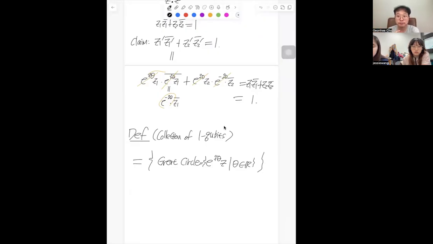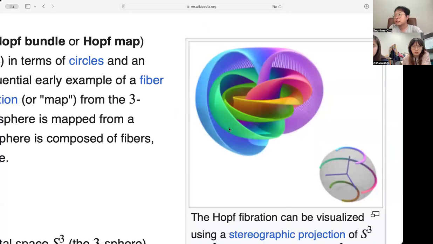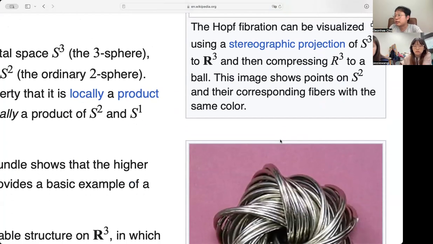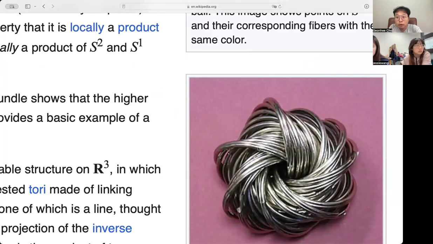That's actually the real definition. So let me give you the picture again. You can just assume this is the picture of the three-dimensional sphere. And we are not just thinking of each point as one qubit, you are really thinking of one qubit as one circle.